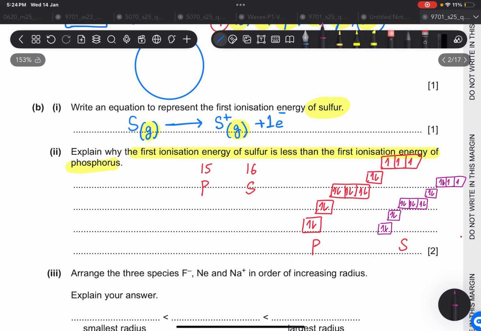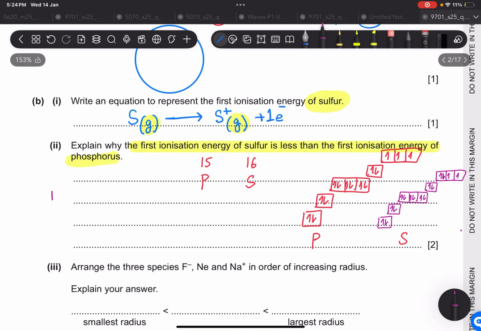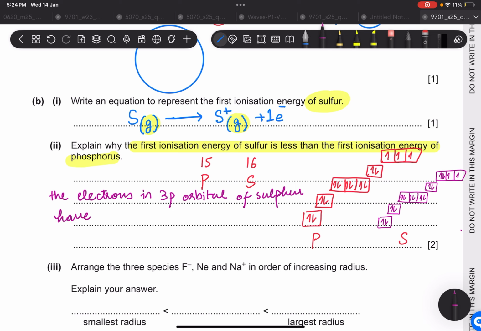So we're going to write that the electrons in the 3p orbital of sulfur have spin pair repulsion, and this word is very important in chemistry, outweighs, which outweighs the effect of increased nuclear charge.